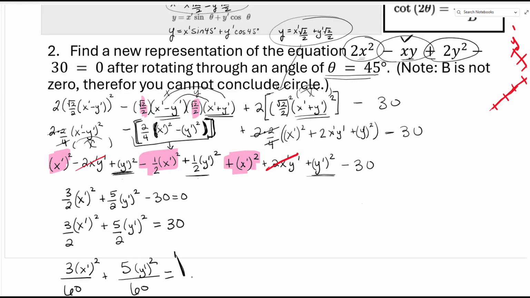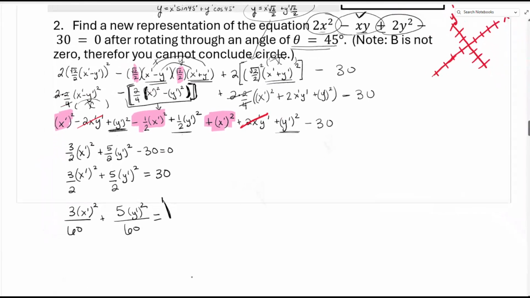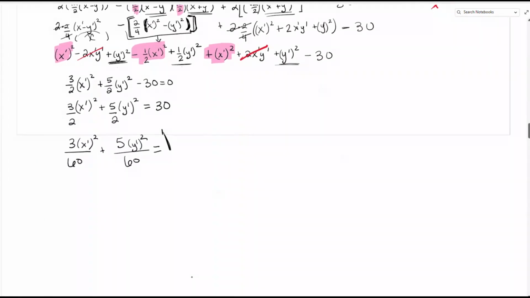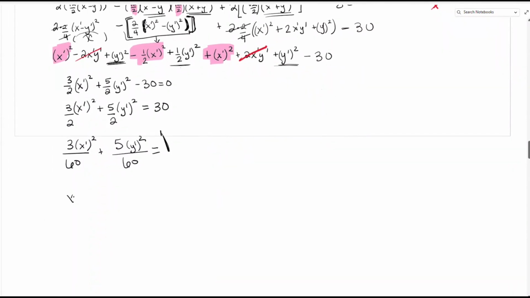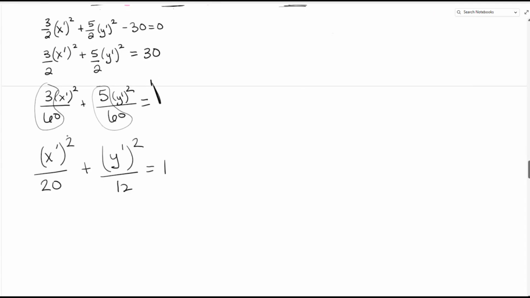I really like this because I can simplify it now. X prime squared over 20 plus y prime squared over, let's see, what do we get here? 12 equals 1. I'm just simplifying the 5 over 60 and the 3 over 60, right? Okay, now I recognize this.